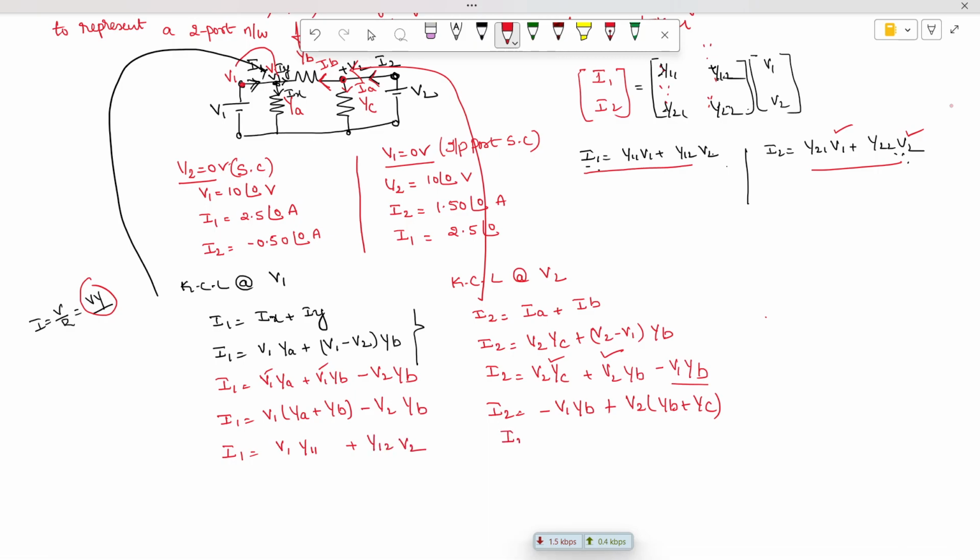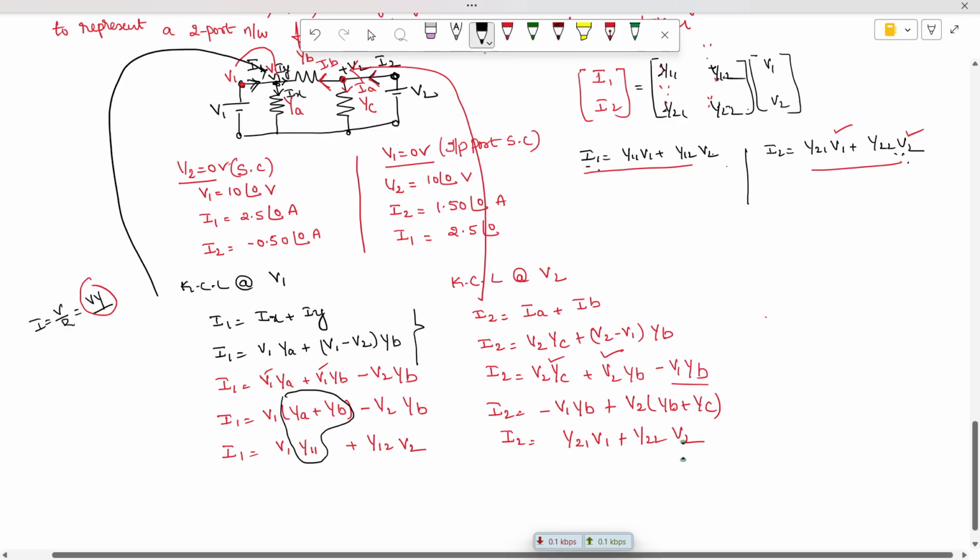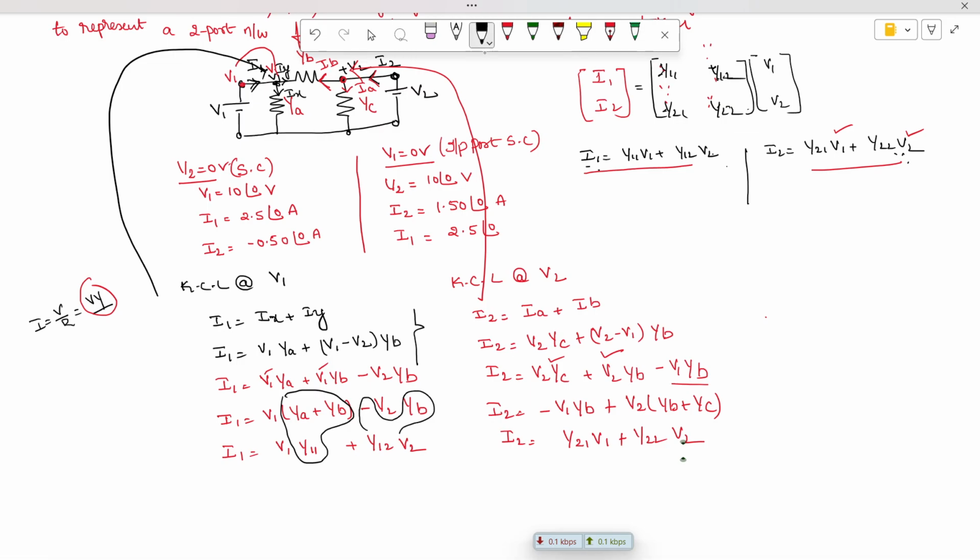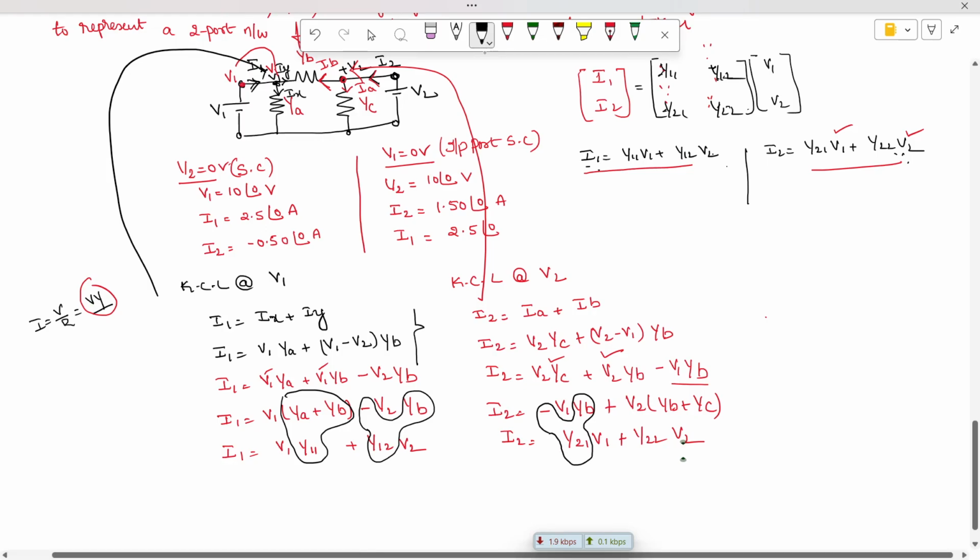Next, I2 is equal to Y21 V1 plus Y22 V2. So this is the value of Y11, this is the value of Y12, this is the value of Y21, and this is the value of Y22.